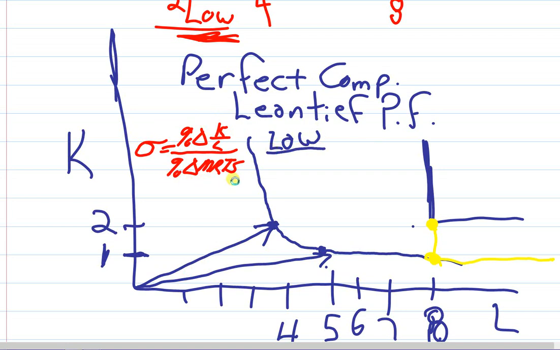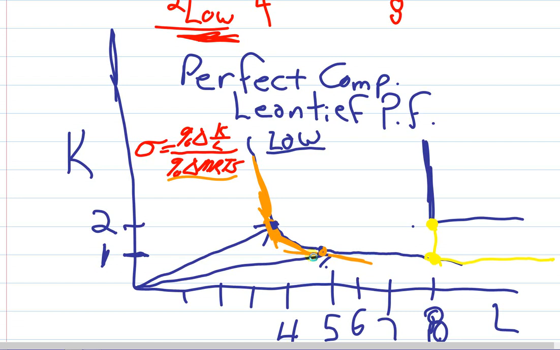But then look at the marginal rate of technical substitution. How fast is that changing? Well, what we're looking at here is how fast the slope of the isoquant is changing. Here it's very steep. Here it's a little less steep. Here it's a little flatter. Here it's very flat. Between those 2 points, our marginal rate of technical substitution has gone from something very high to something very low.